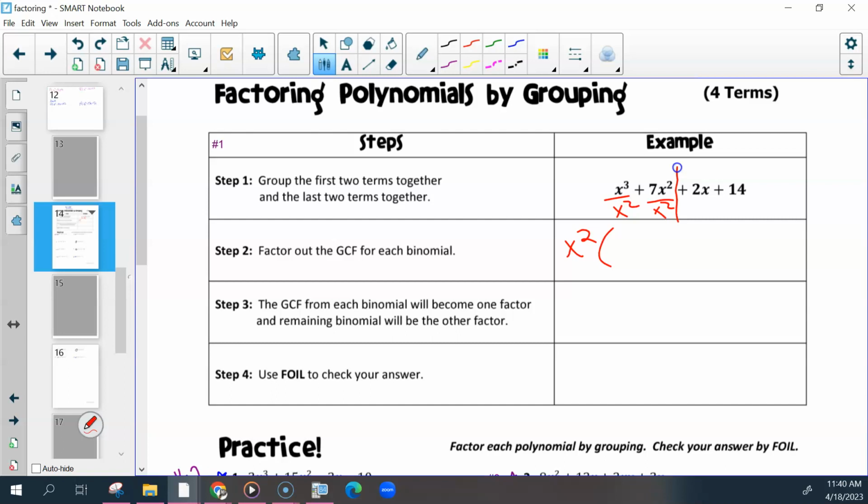What would be left when we do that? For this one? So then that sign, plus or minus, whatever it is, you're going to bring that down.